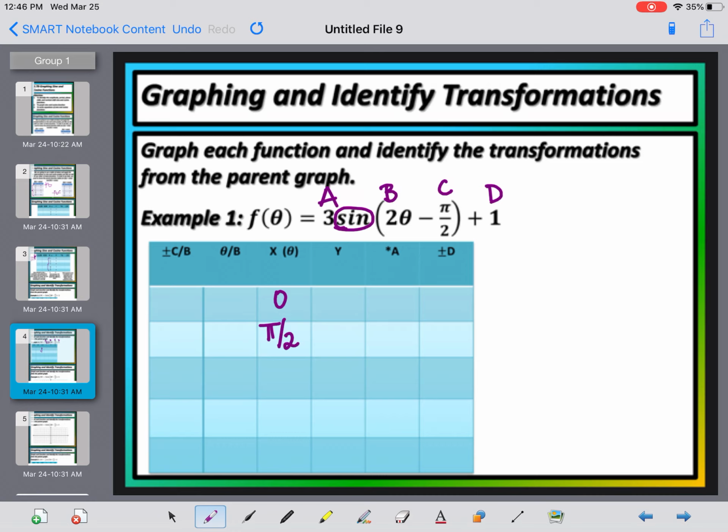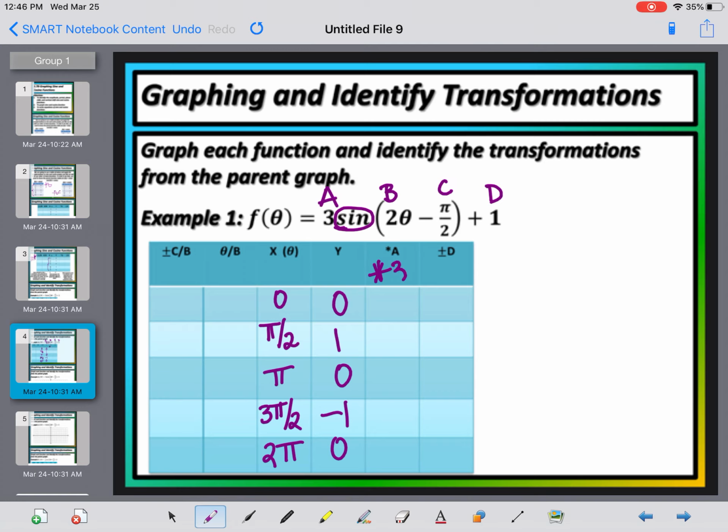It's always 0, pi over 2, pi, 3 pi over 2, oops, 2 pi. That's better. And sine starts at 0. So 0, 1, 0, negative 1, 0.